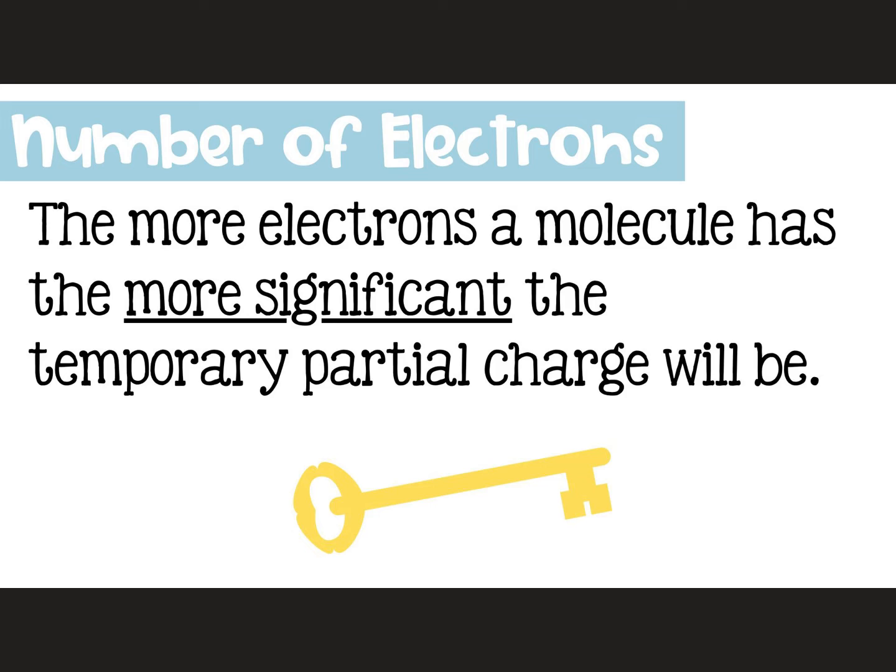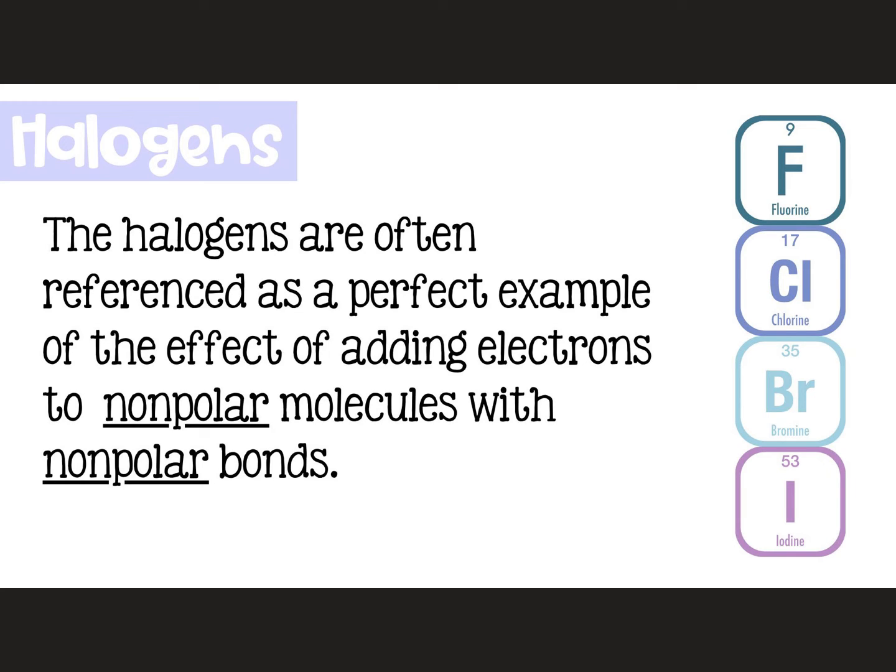That means that the more electrons a molecule has, the more significant the temporary partial charge will be. So dispersion forces are stronger when there are more electrons. The halogens are often referenced as a perfect example of the effect of adding electrons to nonpolar molecules with nonpolar bonds.